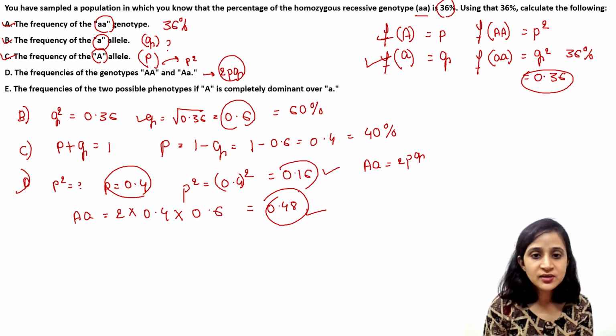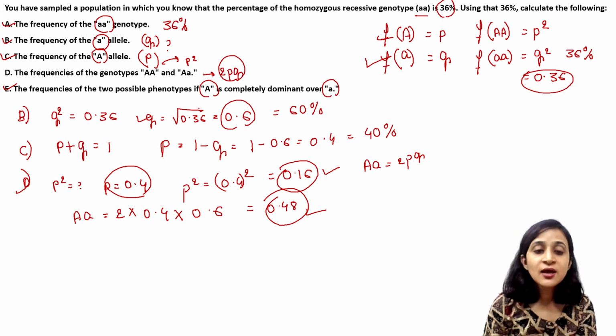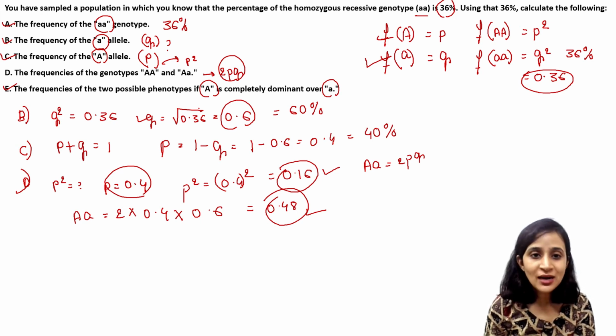And the next question is the frequencies of the two possible phenotypes if capital A is completely dominant over small a. So now it is asking about the frequency of the two possible phenotypes when capital A is completely dominant over small a.